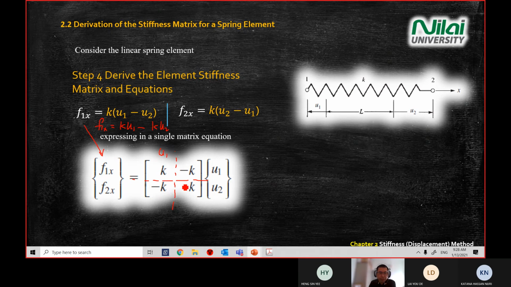Then column 2 here, negative K and K, will link up with U2, right? So negative K and K at column 2 won't have any relationship with U1. Column 1 only cares about U1. Column 2 only cares about U2. Now we're clear with the column.